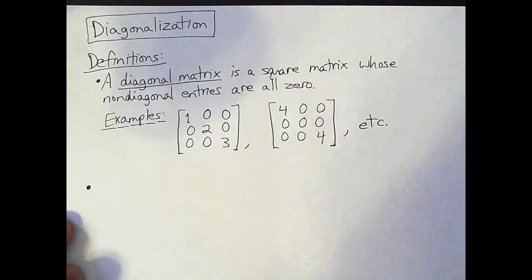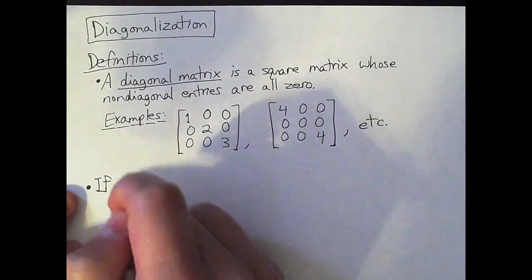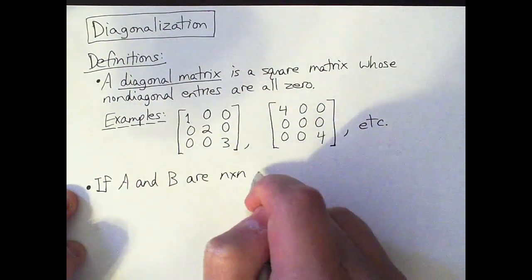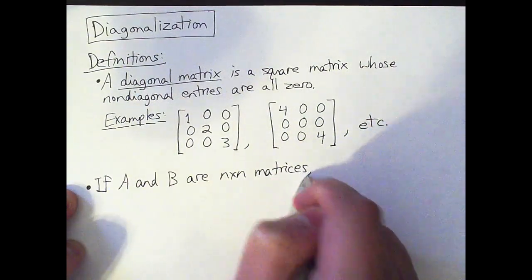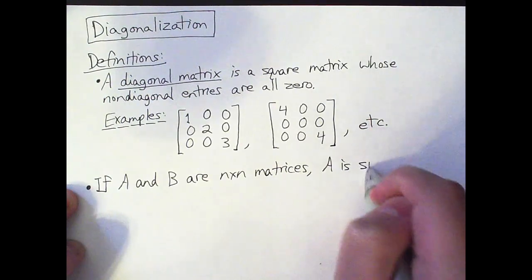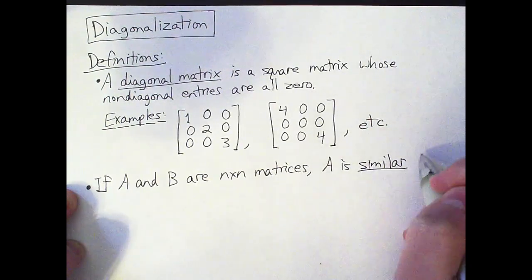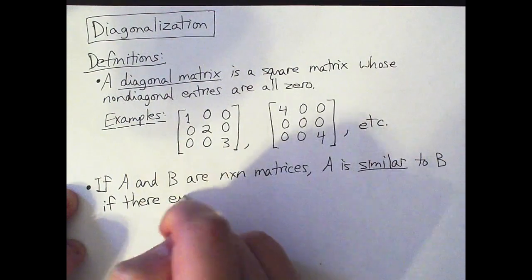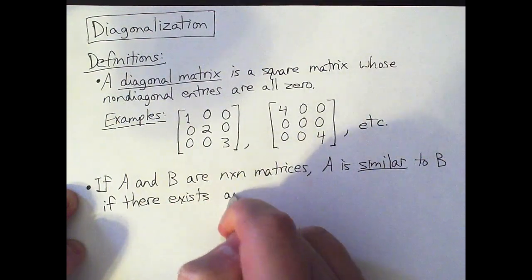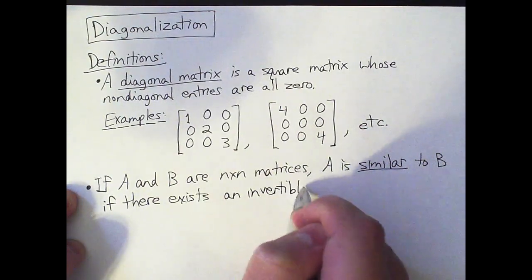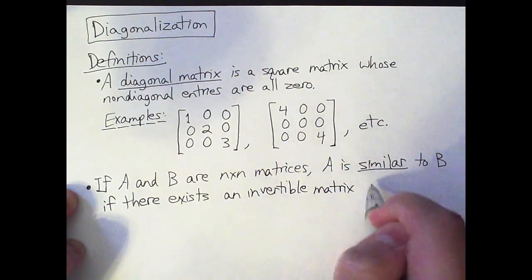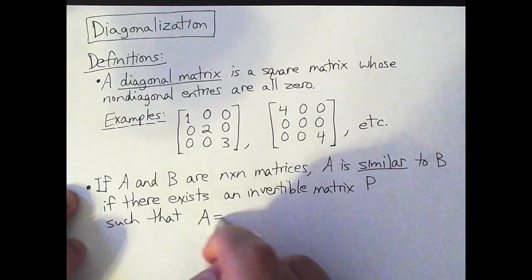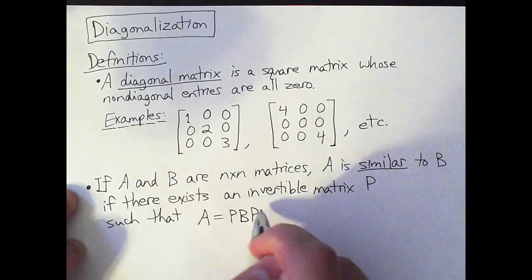So I said definitions. That was just the first one. Next, we're going to say if A and B are n by n matrices, A is similar to B if there exists an invertible matrix P such that A equals P B P inverse.